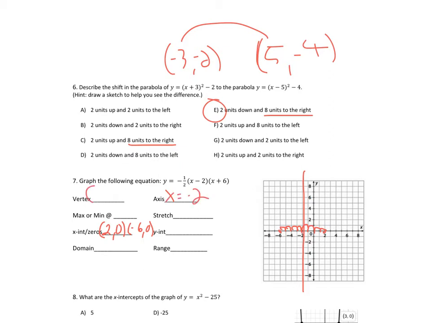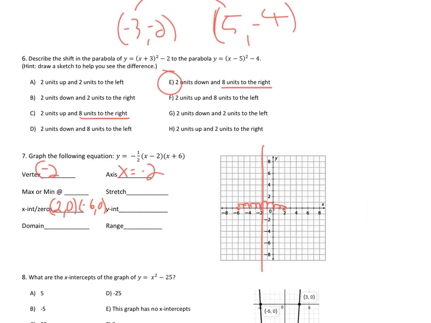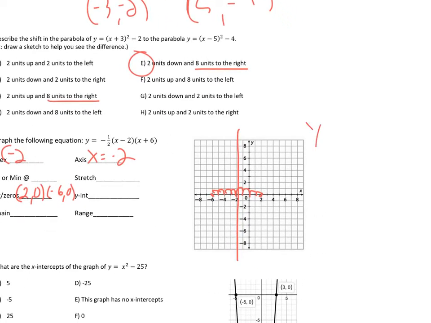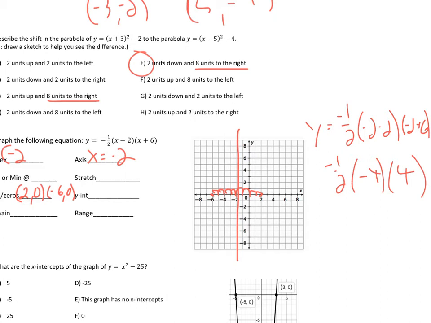It's also our x-coordinate of our vertex. So then I can take that and plug that into the equation to get my y value. So I get -1/2, and then -2 minus 2 is -4, and then -2 plus 6 is 4. -4 times 4 is -16, times -1/2, which is +8.